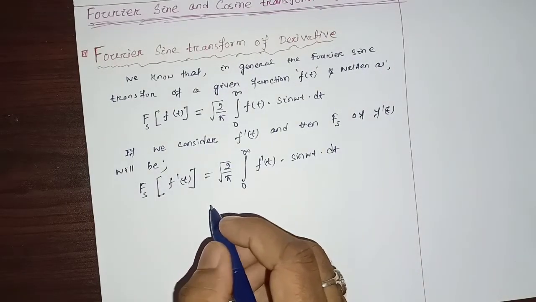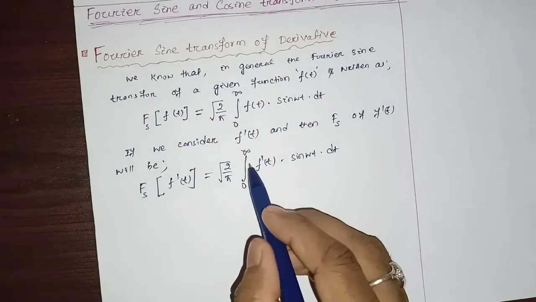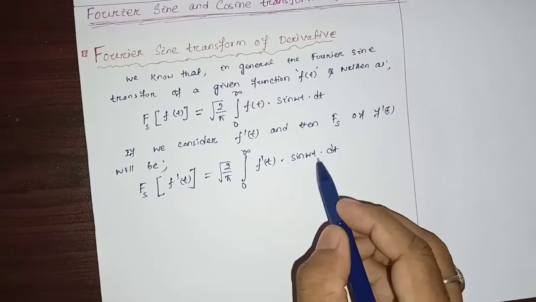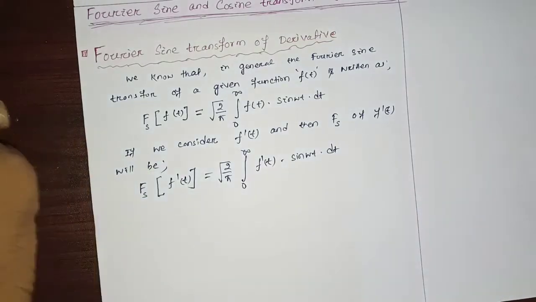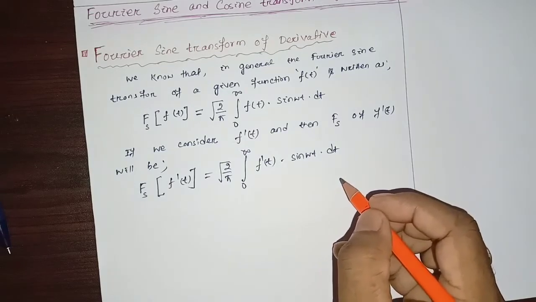So here you can see that we have two functions in this integral. This is one function, this is another function. Two functions means we are going to consider integration by parts.